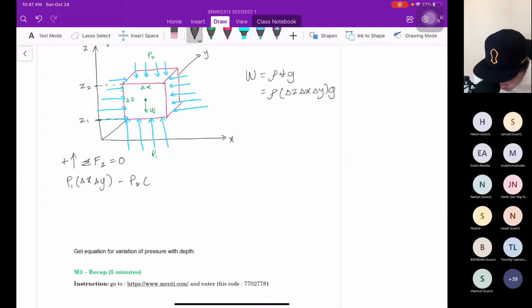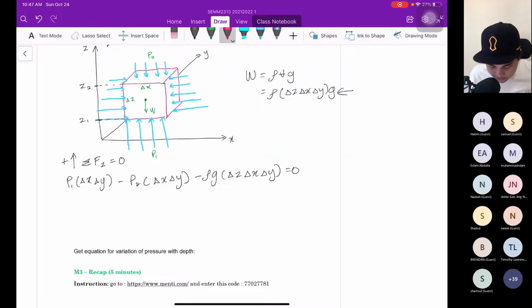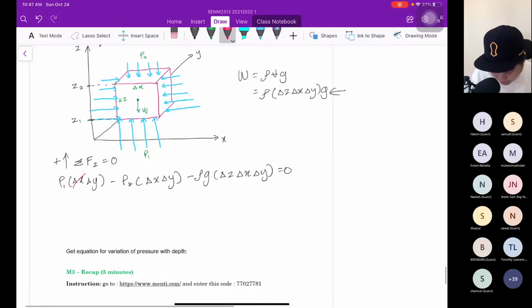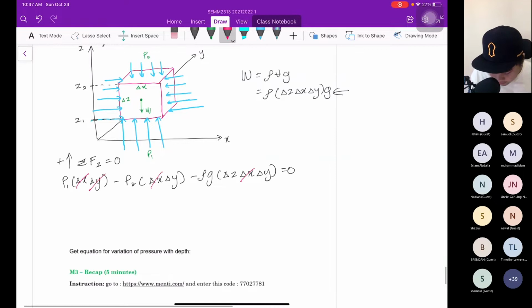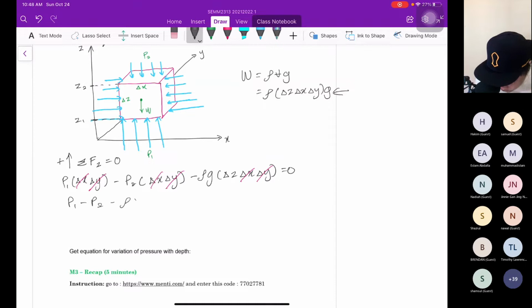Minus P2, the same area, delta X delta Y, minus rho G delta Z delta X delta Y, equal to 0. Now we can cancel out the same terms, delta X and delta Y. So now what we have is P1 minus P2 minus rho G delta Z equal to 0.